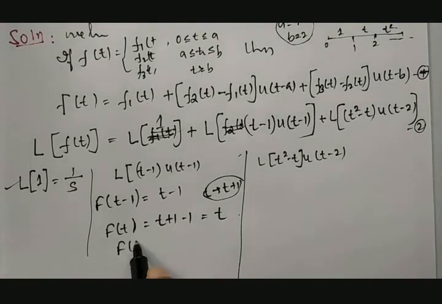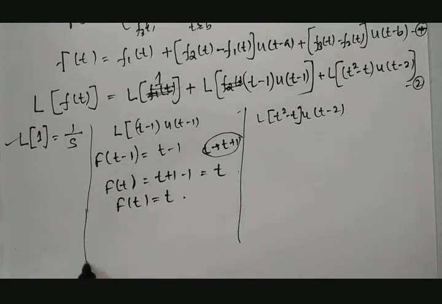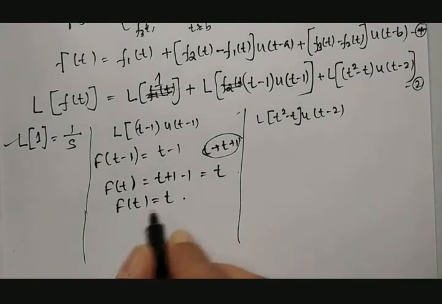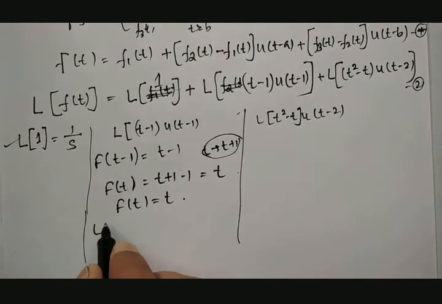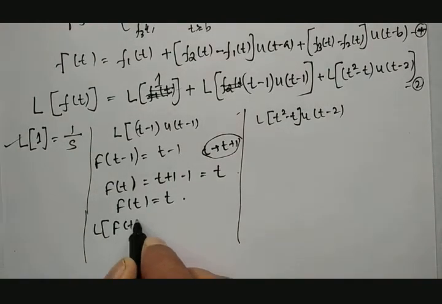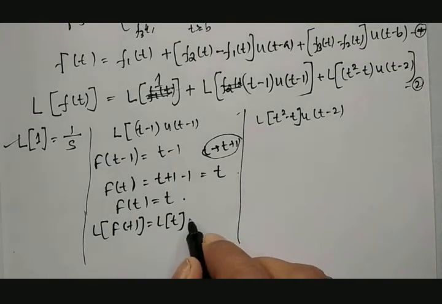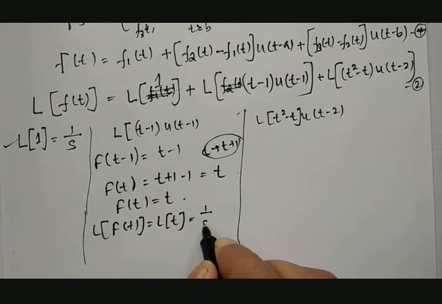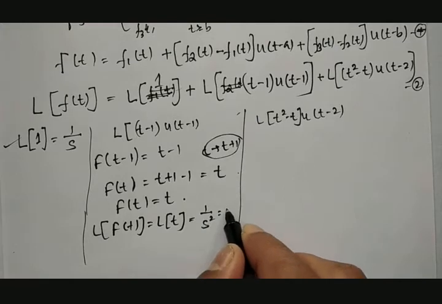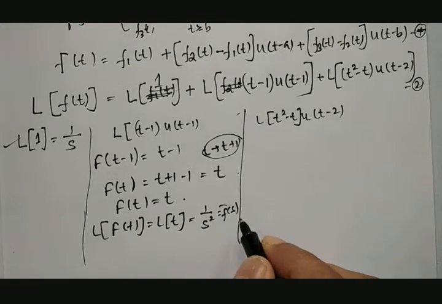Means f of t is equal to t now. Therefore, apply Laplace on both sides. Then Laplace transformation of f of t is equal to Laplace transformation of t, which is nothing but 1 divided by s square, which is nothing but f bar of s.